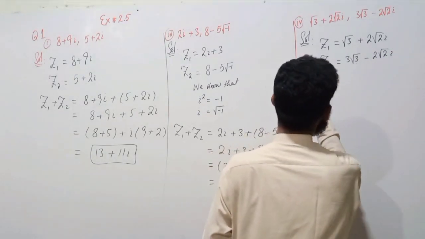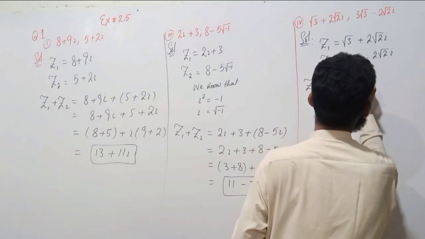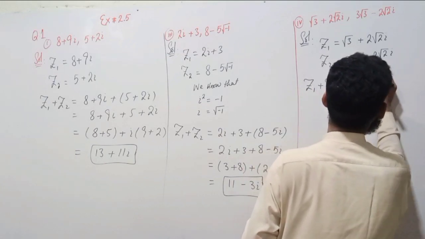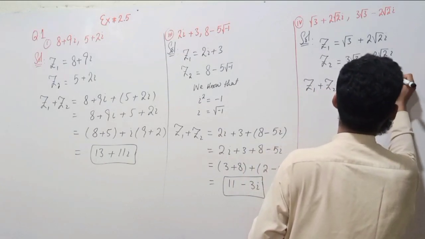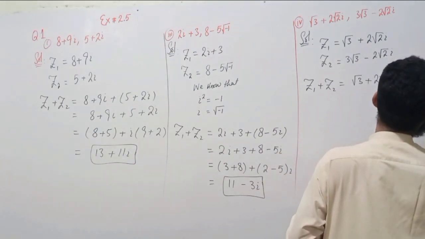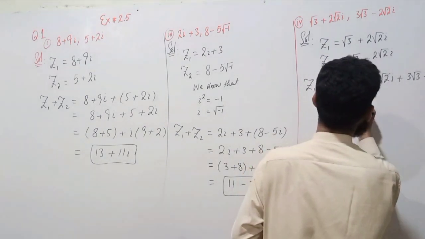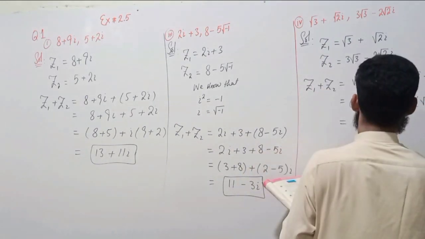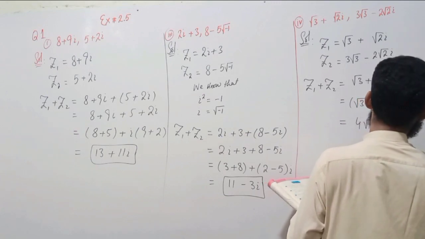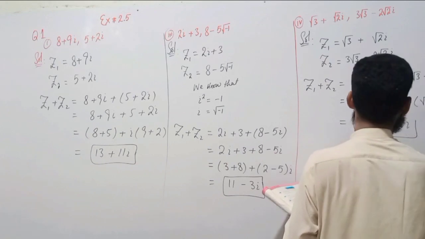So the addition z1 plus z2 is square root 3 plus 2 square root of 2 iota plus 3 square root of 3 minus 2 square root of 2 iota. Real part with real part gives 4 square root of 3, and the imaginary parts cancel.